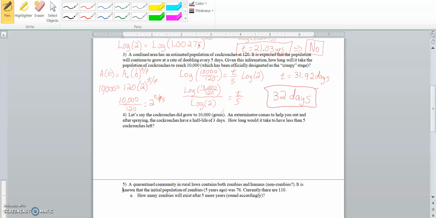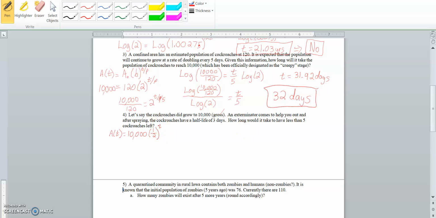With this one, we're using that half-life formula. It's the same thing, but instead of B equaling 2, we're going to say B equals 1/2. So A of T equals the initial amount times B, which is our half, and then T, it is asking how long will it take.